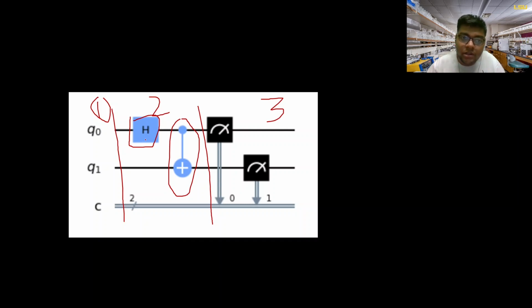That's what you are doing when you apply these various gates. And the last part that you see here, these symbols, represent measurement. A measurement is the way of actually extracting your output from your quantum computer. So these are the three basic parts of any quantum circuit.